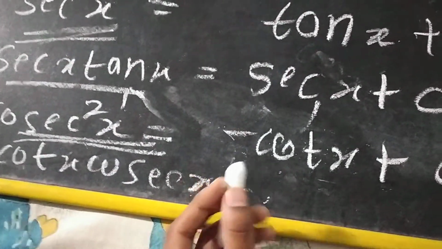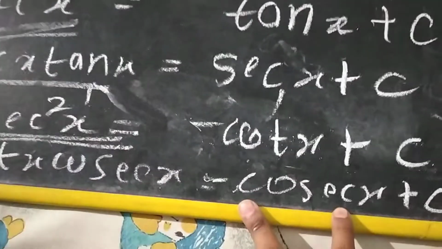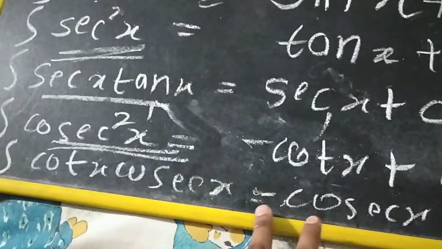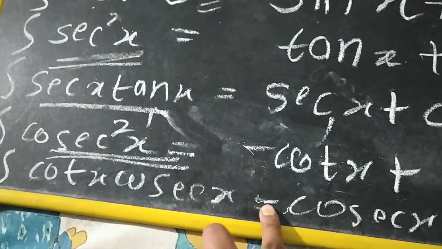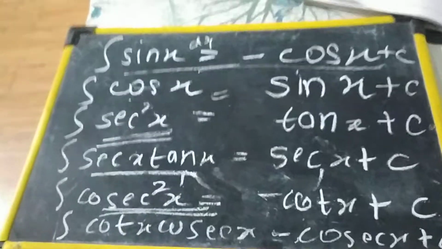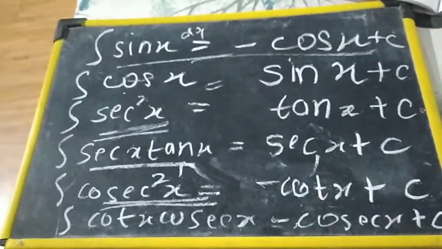Minus cosec x plus c. We all know that derivative of cosec x is minus cot x cosec x, and the minus sign will be here. So these are all your trigonometric functions' formulas.